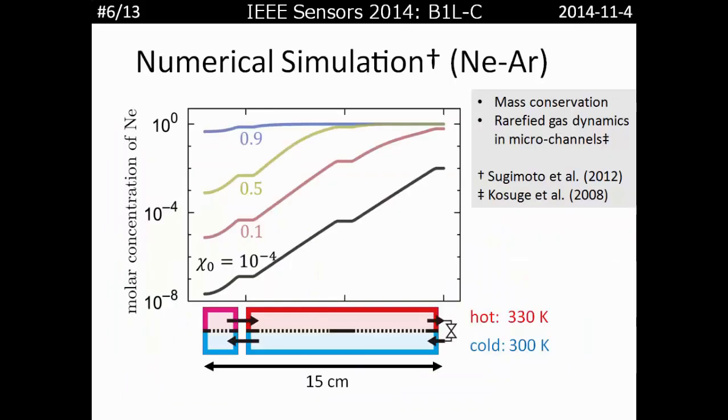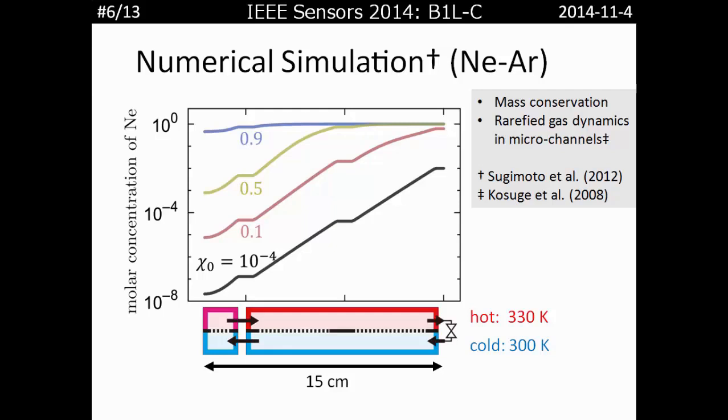First of all, we have numerically simulated our device. The simulation is based on the mass conservation law, and the flow through the membrane is estimated using the results of rarefied gas dynamics, or kinetic theory. We prepared a 15 centimeter length device and filled it with a neon and argon mixture.